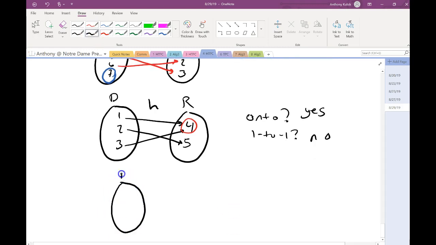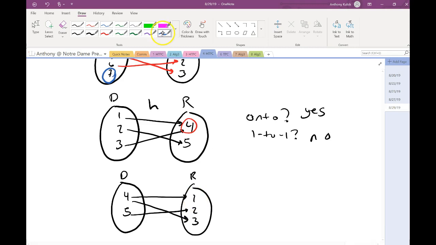Okay. Let's find the inverse then. Is this a function? No. What's the issue? Great, because the x-coordinate of 4 is used twice.